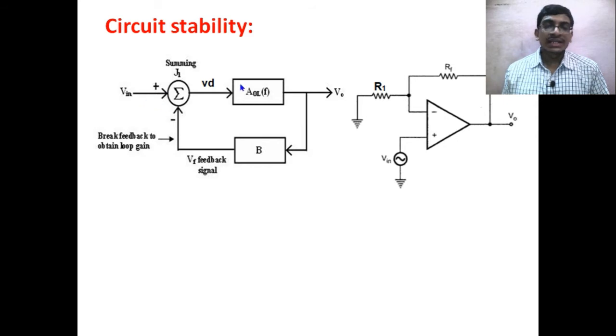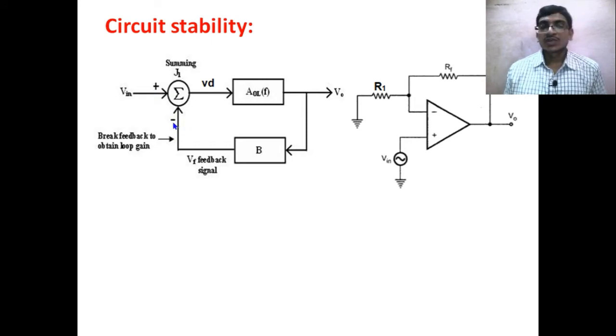VIN is the input voltage and V0 is the output voltage, and the operational amplifier block has been represented as AOL of F, and the feedback section has been represented with beta, and it is a summing section. At the summing section, the input signal and the feedback signal will get added.